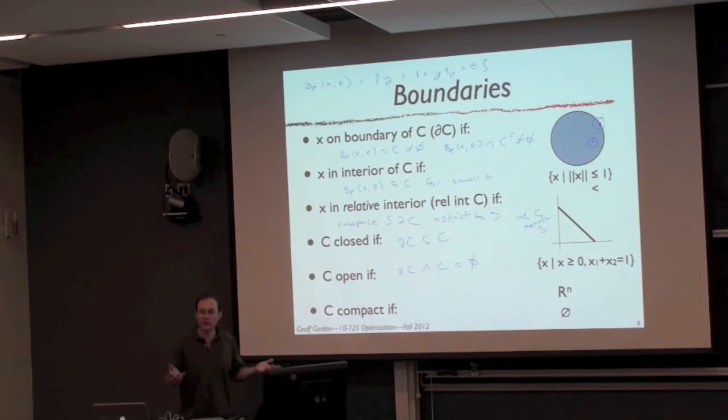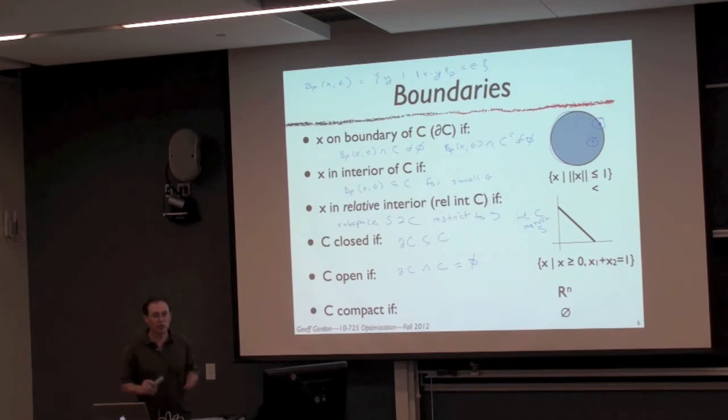So you can have sets which are neither open nor closed. A good example of a closed set is this ball right here, because it contains all of its boundary points. If we changed it to less than 1 as opposed to less than or equal to 1, it would be open. And if we included, let's say, this half of the points on the boundary, it would be neither open nor closed. So, questions about boundary, open or closed?